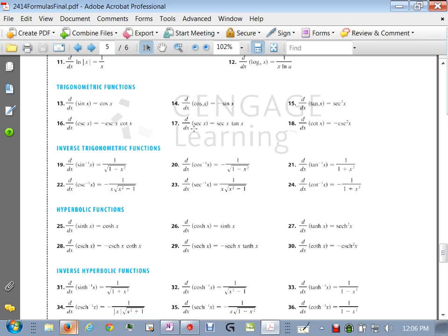That's what it is. But the question is, where does that come from? So what I'm going to do is develop the formula, show you where it comes from, and then the rest can be done the same way.